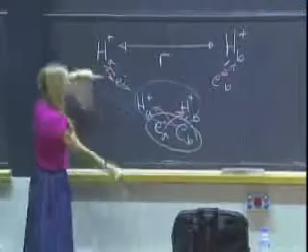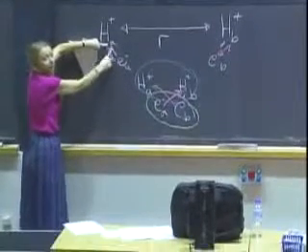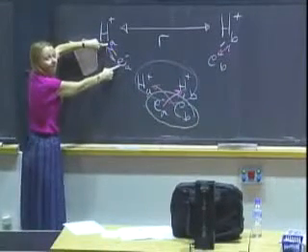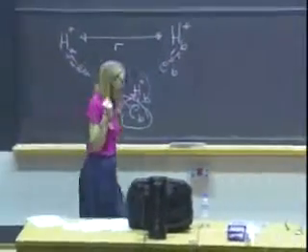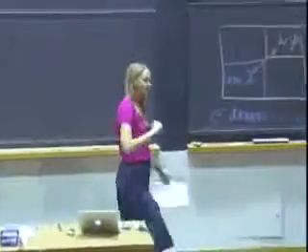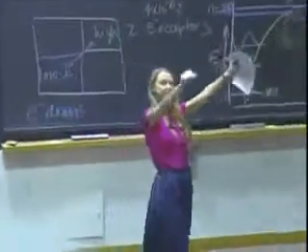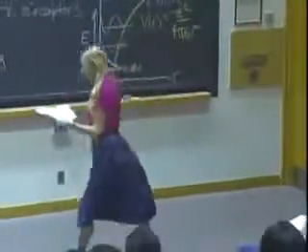It's no longer the distance between the nucleus and the electron. And I'm going to plot the energy of interaction as a function of that distance between the two nuclei.